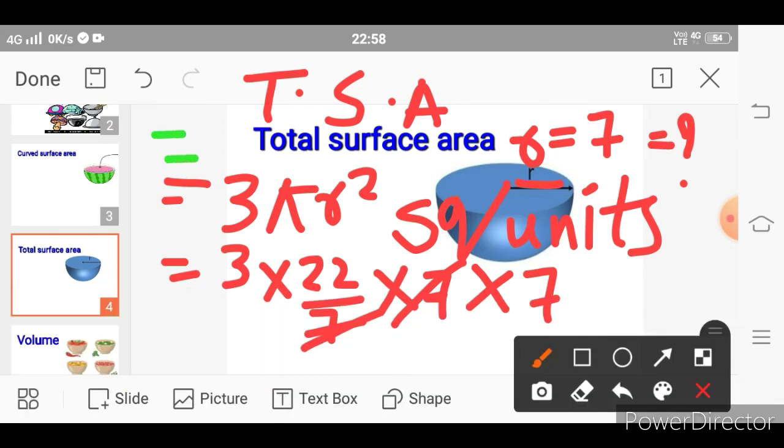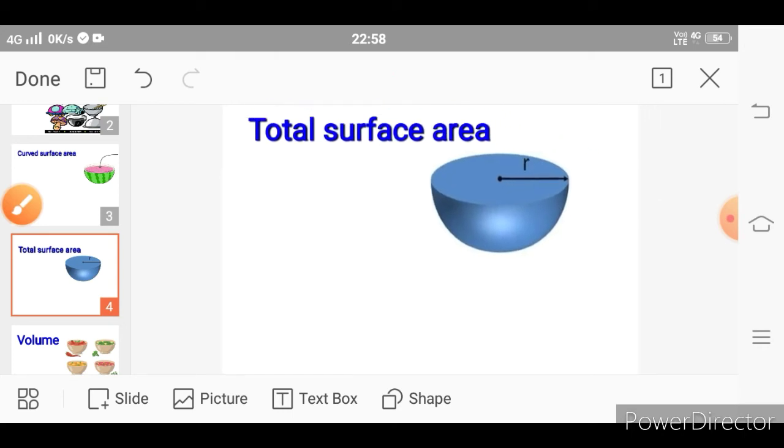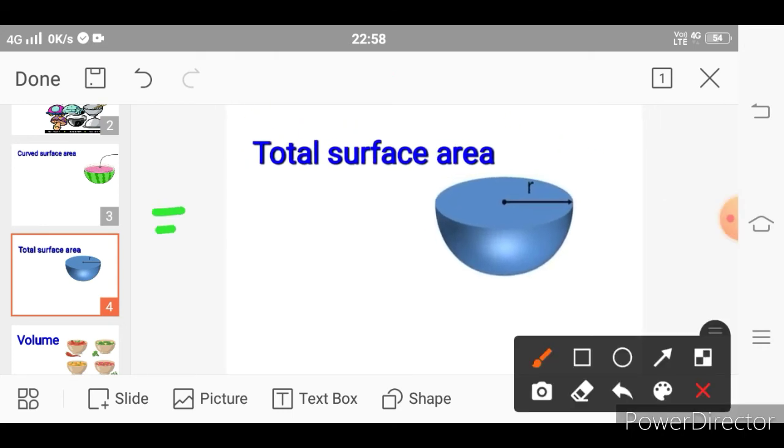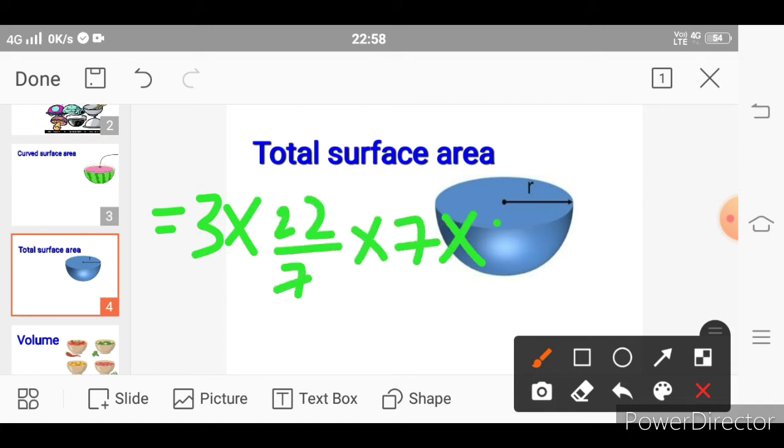equals 3 into 22 by 7 into 7 into 7. 3 pi r square is the formula for total surface area.